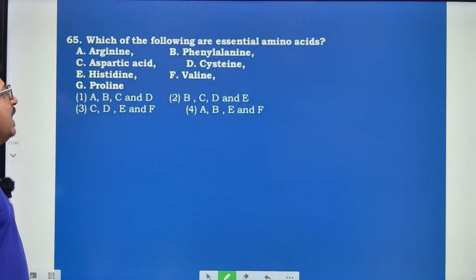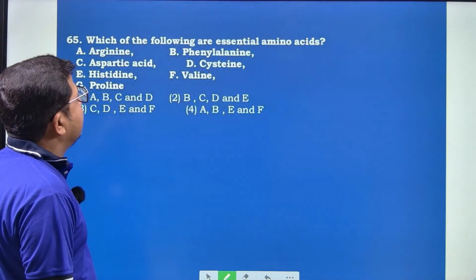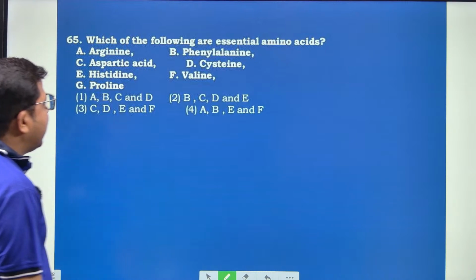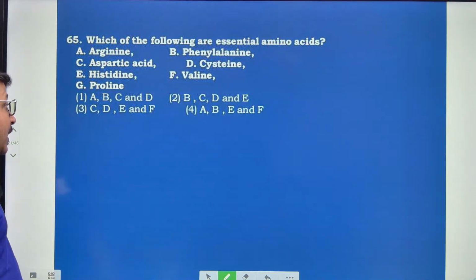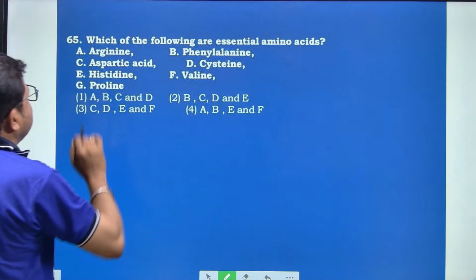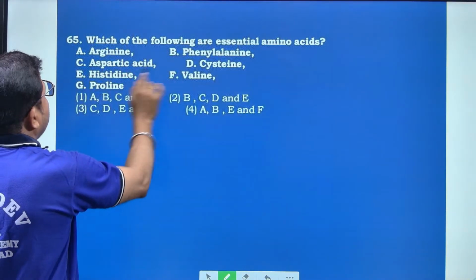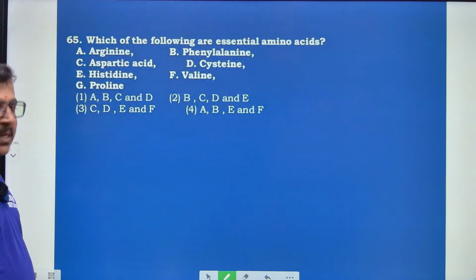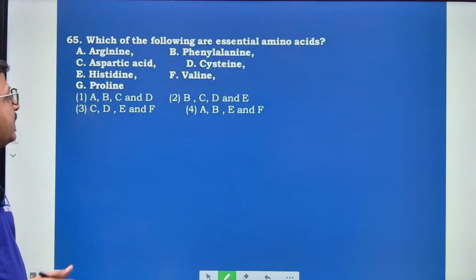65. Which of the following are essential amino acids? They have given 7 amino acids, 1, 2, 3, 4, 5, 6, 7. Among them some are essential and some are non-essential.